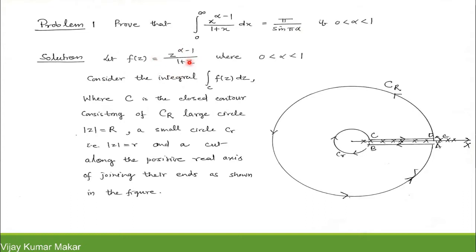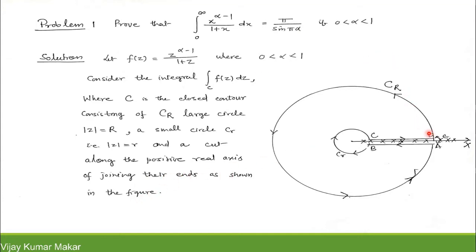This is a multi-valued function. So we take a contour C, which consists of a large circle |z| equal to R, where the center of the circle is the origin and the radius is very large, and a small circle of radius r, where r is infinitesimally small, and a branch cut along the positive real x-axis joining their ends, as shown in this figure.